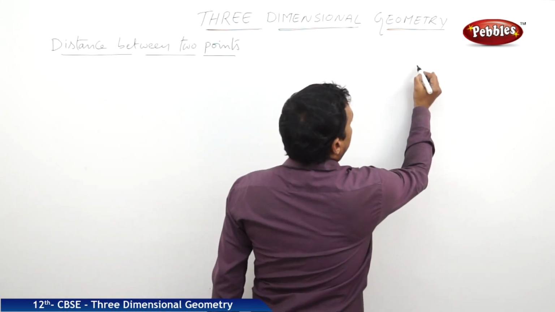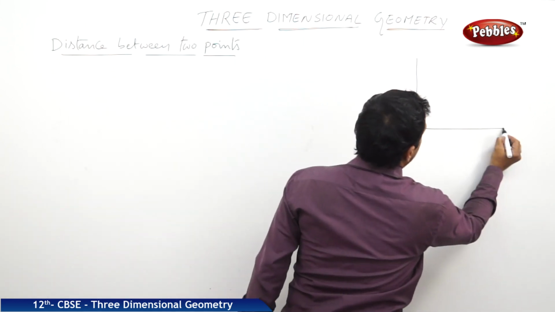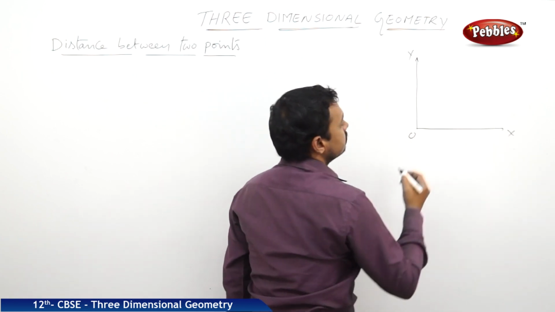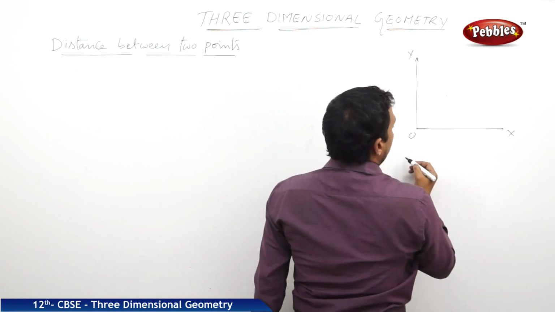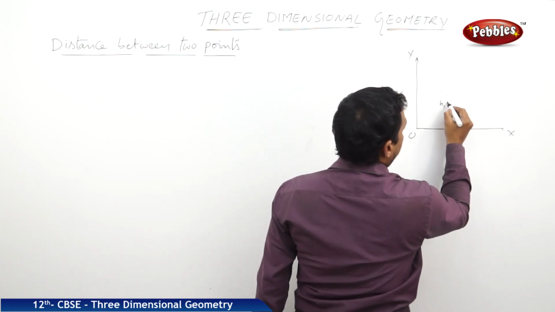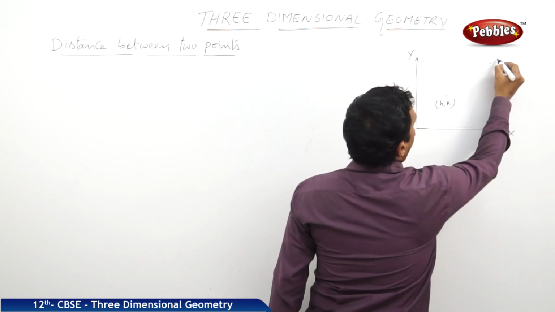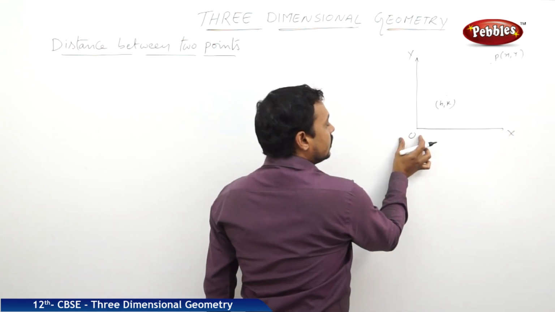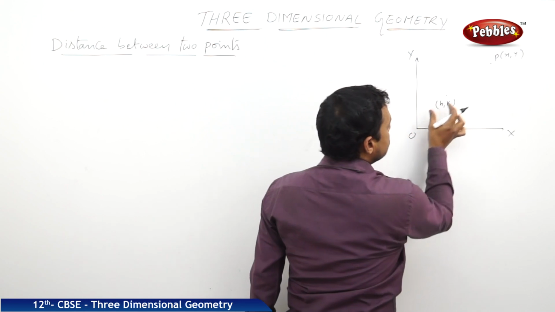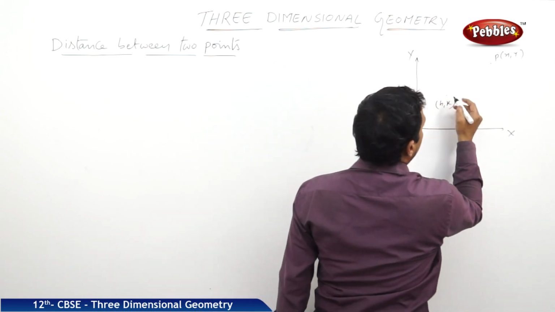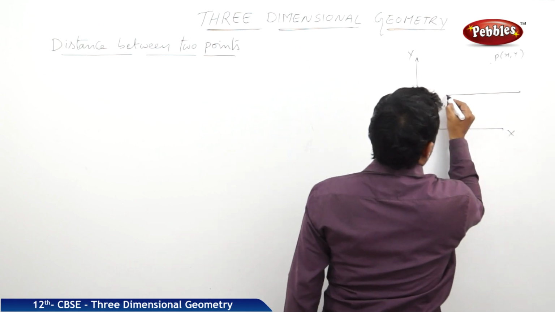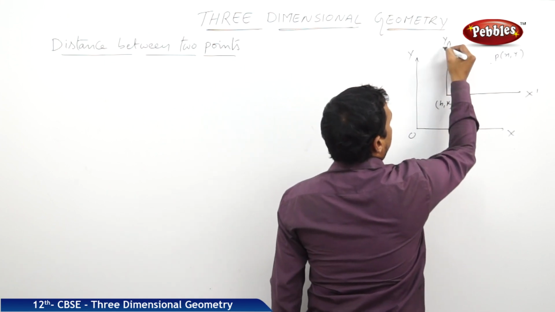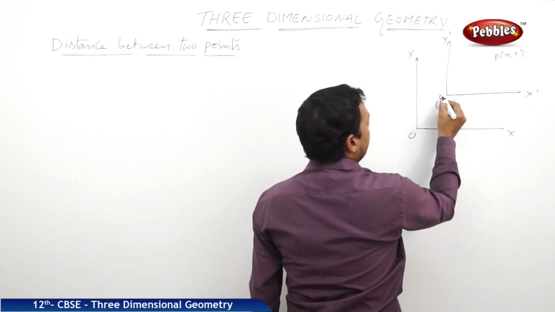Before that, in two-dimensional geometry, this is the x-axis, this is the y-axis and the origin. Suppose the origin is shifted to some point h comma k, and P is a point whose coordinates are originally x comma y. When this coordinate system is shifted to h comma k, we get new axes x dash and y dash, and the new origin will be O dash.